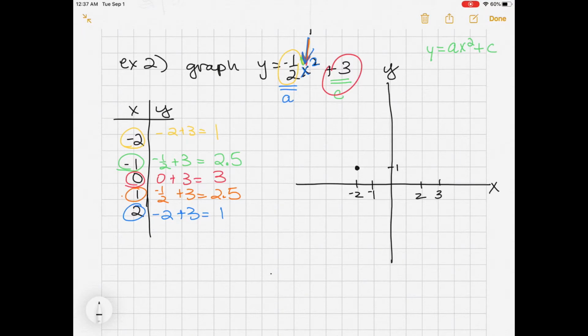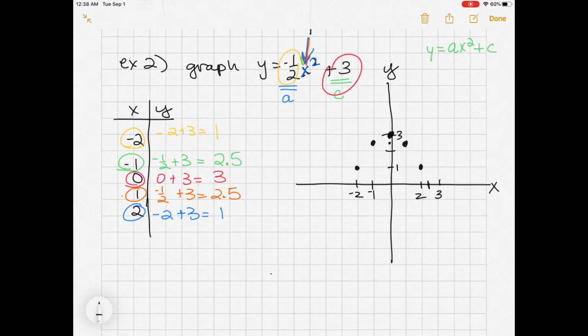Here's 2, here's 3, so here's 2.5 here. And we're going to go, oops, this is actually on the y-axis, isn't it? And then we've got 0, 3. So here's our 3. 1, 2.5. And 2, 1. So those are our points.